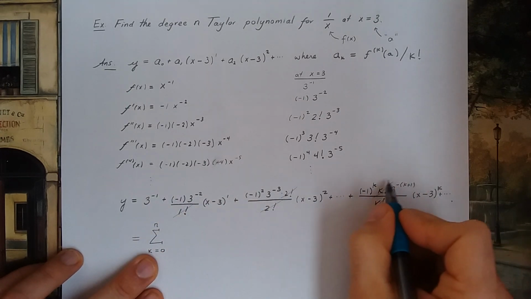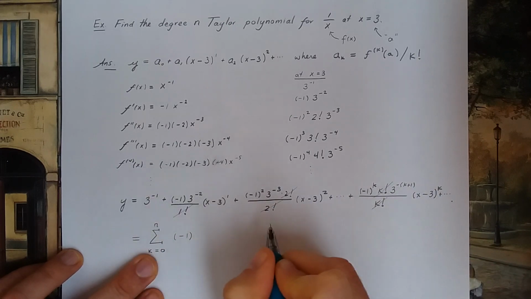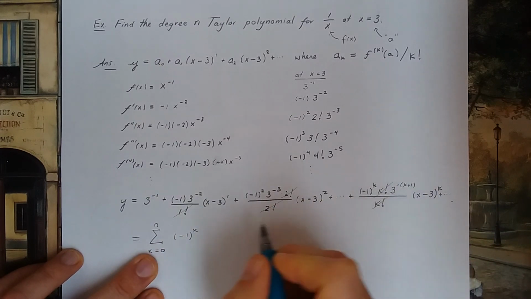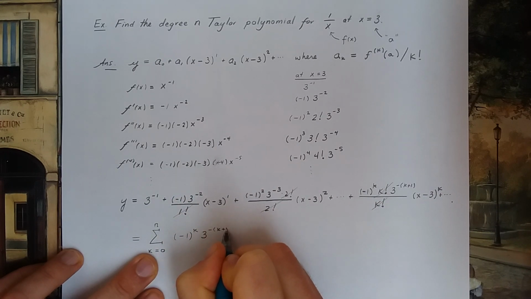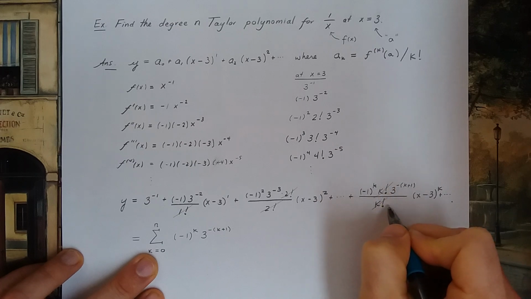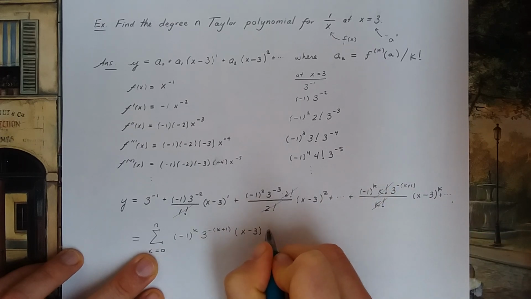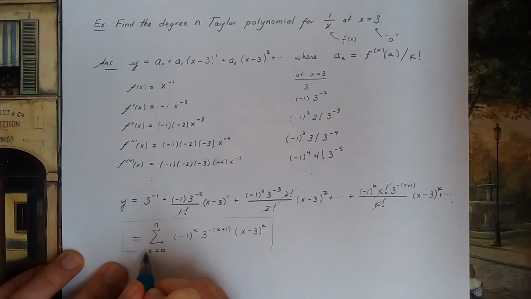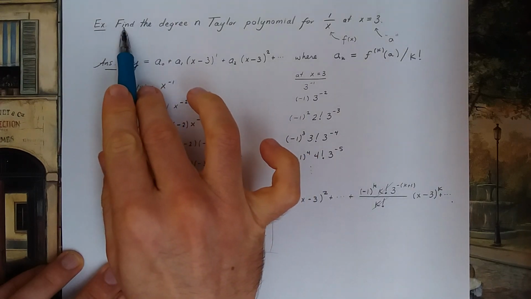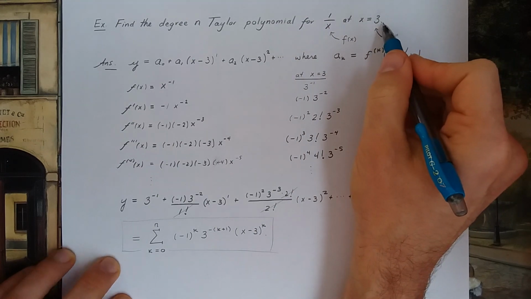And then the kth term in general looks like negative 1 to the k, 3 to the negative k plus 1 power, and I'm canceling out the k factorials, and I have x minus 3 to the k power. So this would be a wonderful answer to the question of finding the degree n Taylor polynomial for my function 1 over x at x equals 3.